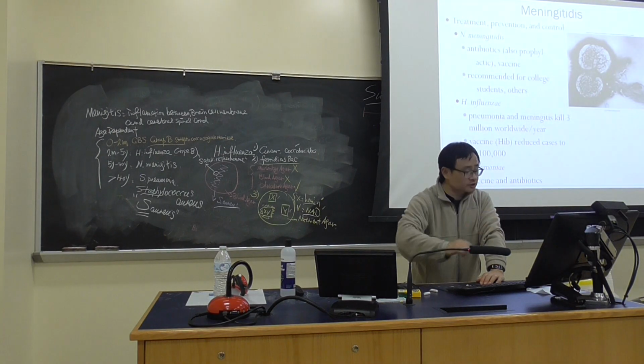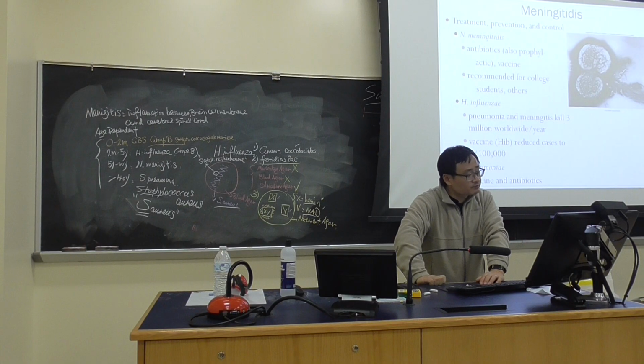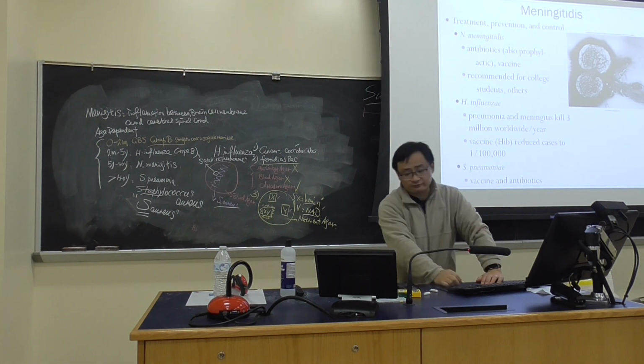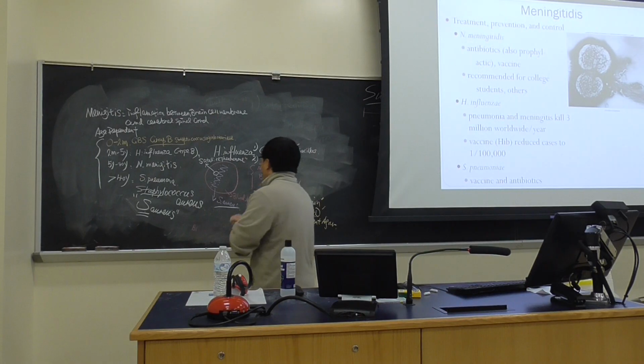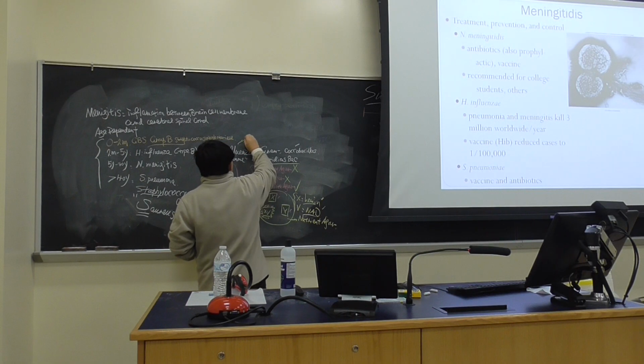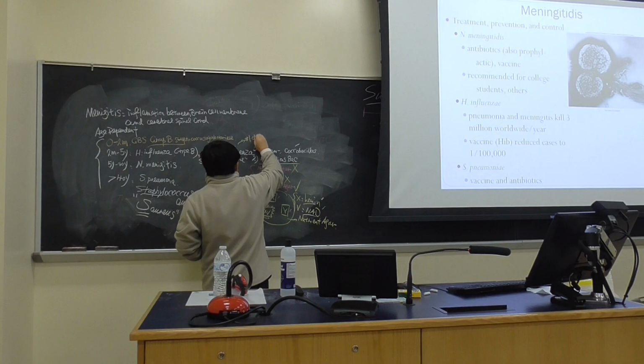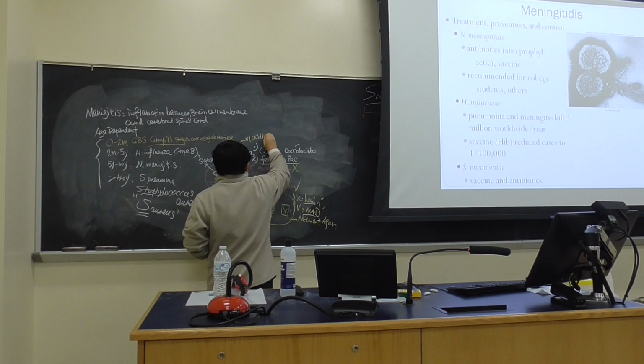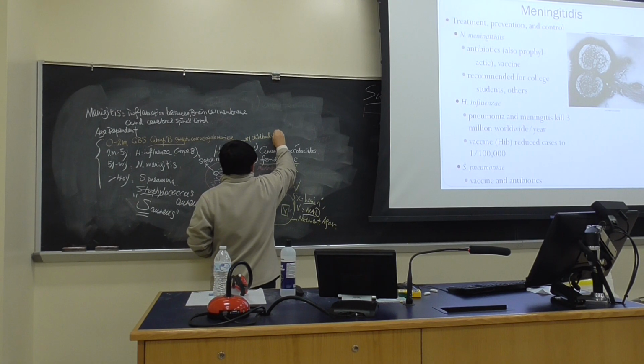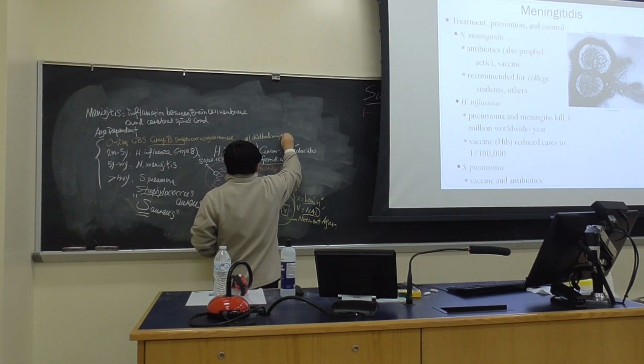Okay, so we talk about here, it's a fastidious bacteria. And it also causes meningitis, and you can see meningitis kills 3 million worldwide. So Haemophilus influenzae, we call this the number 1 childhood meningitis pathogen.